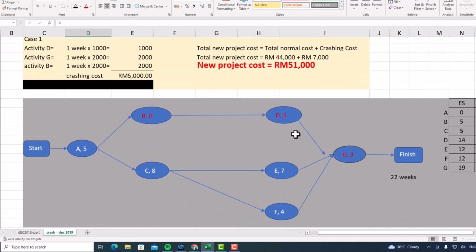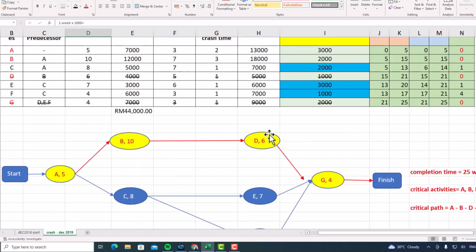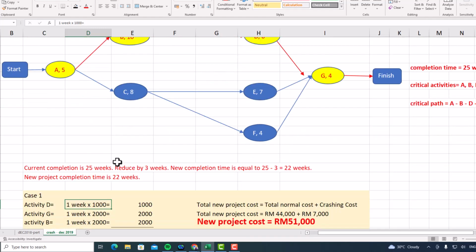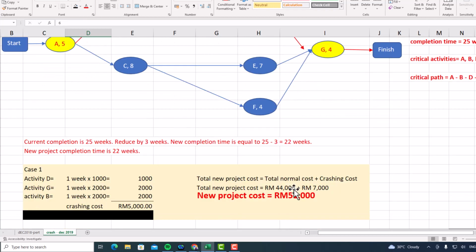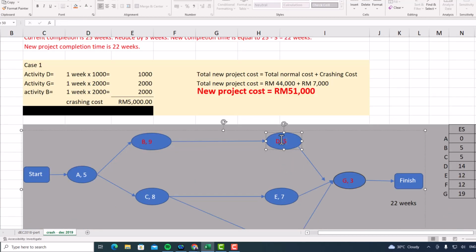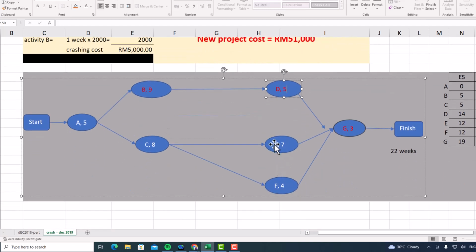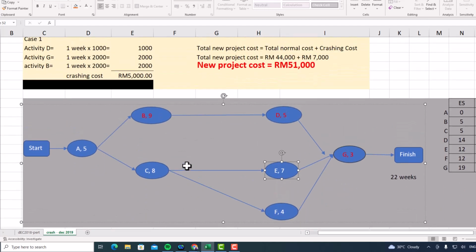And then for activity D, we have crashed by 1 week. So originally activity D is 6. So 6 minus 1 equal to 5. Okay, activity E, we didn't do any crash. So originally 7.